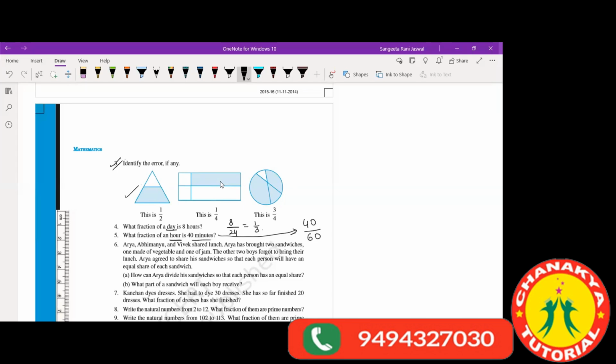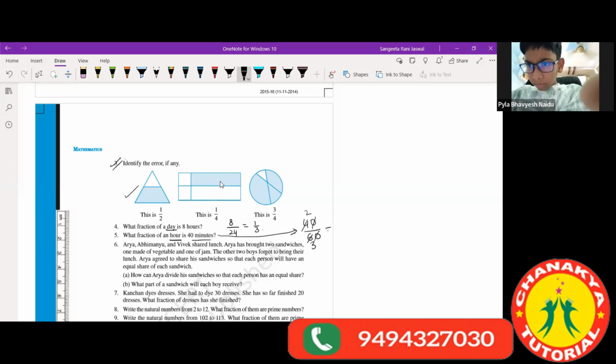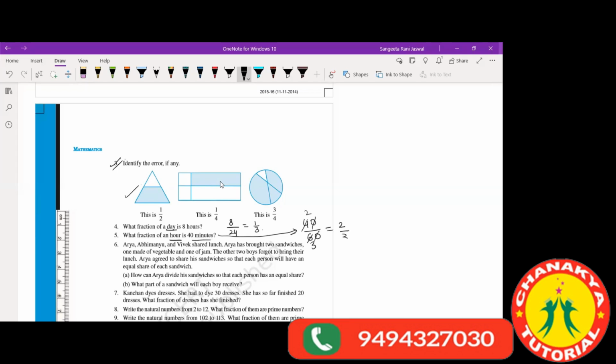So 40 by 60, and if I want to reduce this to lower form, I will cancel the zeros here, and 2 2s are 4, 2 3s are 6. So both can be cancelled with 2. Is it? Bhavesh and Neha? Yes, ma'am. The lowest form of this fraction is 2 by 3. Okay? Both of you understood this? How did I reduce it to lower form? Yes, ma'am.